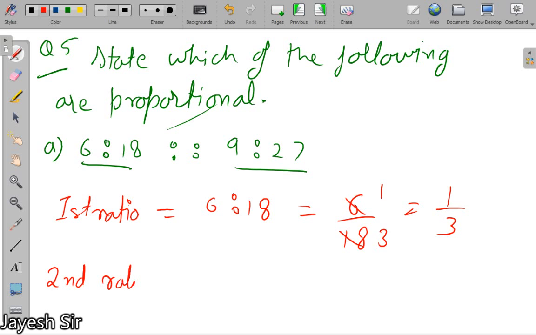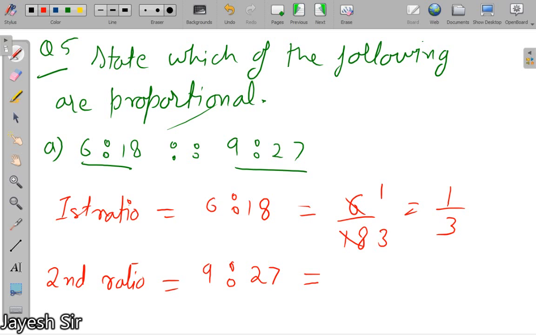Second ratio is 9:27. So what we have to do now is simply find the simplest term.